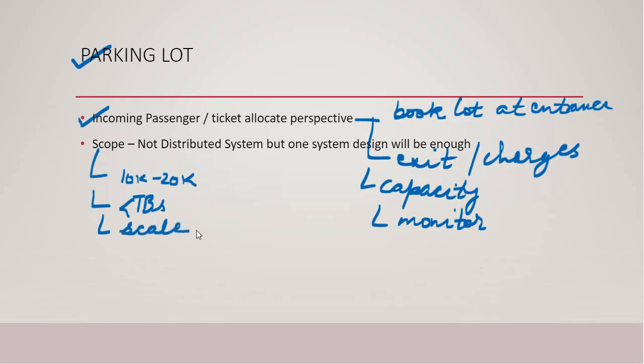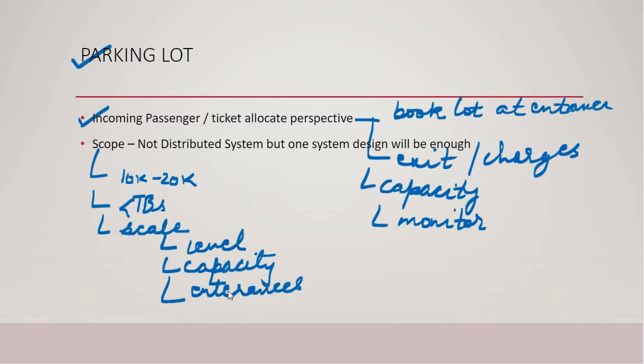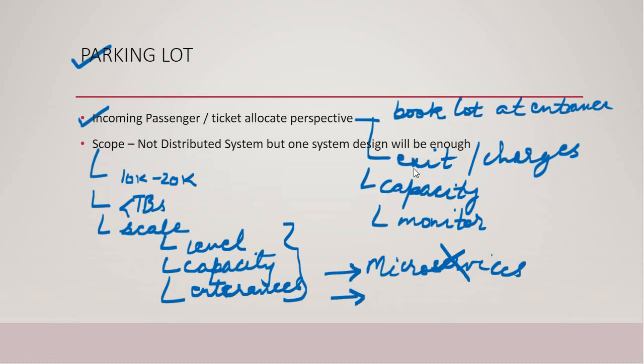We can customize the application to scale a little bit in terms of, say, levels in the parking lot, capacity, how many entrances we want, right? These kinds of things we'll focus on. So if you see here, we don't need microservices, right? It could be a simple monolithic one, not distributed. We can go with a monolithic approach here.